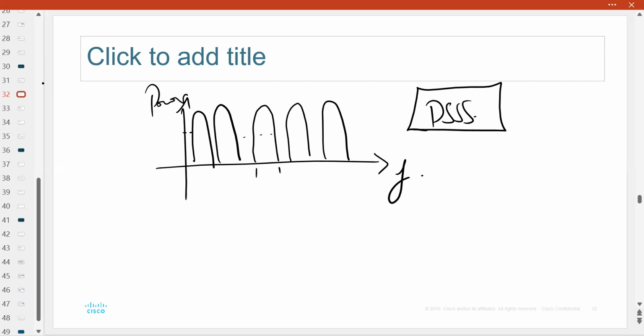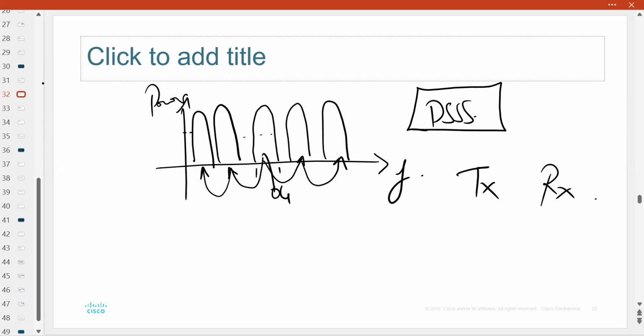Instead of using this original channel when communicating, it can hop and use this one, and hop and use this one. So you never know at any given point which channel it is using, because it is changing channels every time it's sending a message.